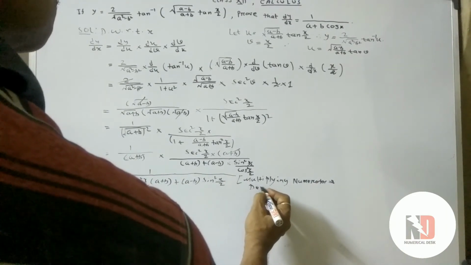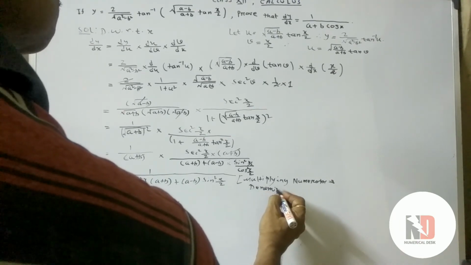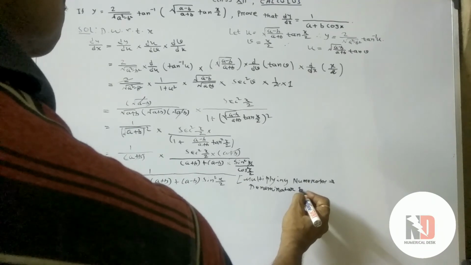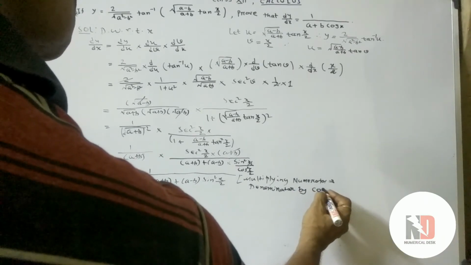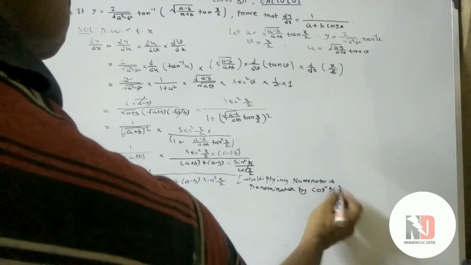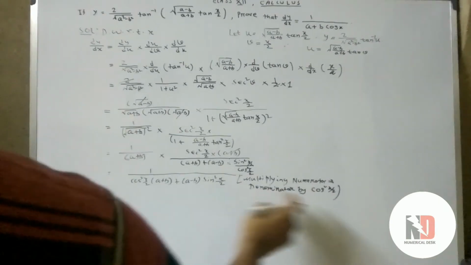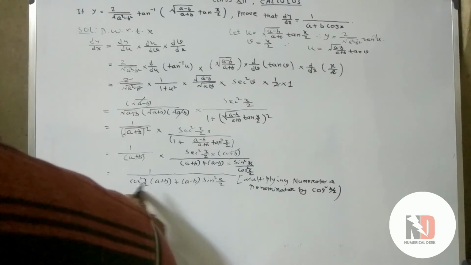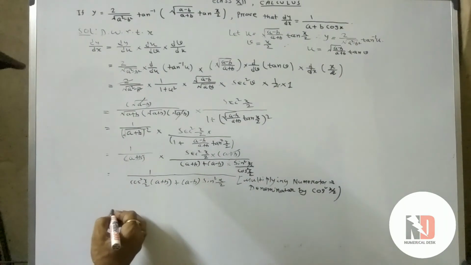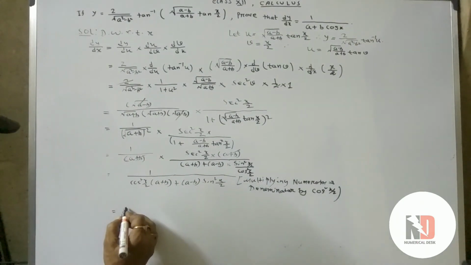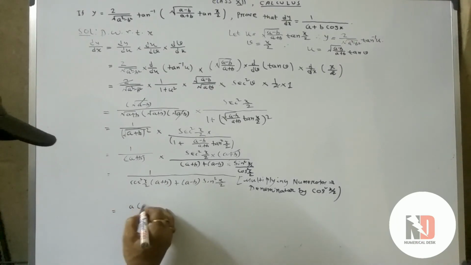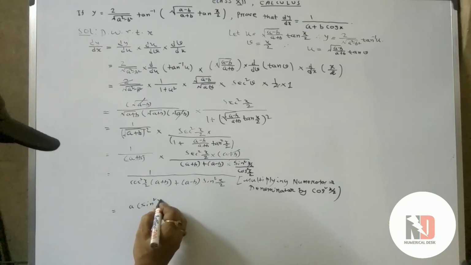Doing so means sec square theta into cos square theta equal to 1. So it will just nullify or cancel, and only 1 will be there in the numerator. So sec square x by 2 into cos square x by 2 equal to 1 in the numerator, and in the denominator, see, a plus b is gone already in the above line.